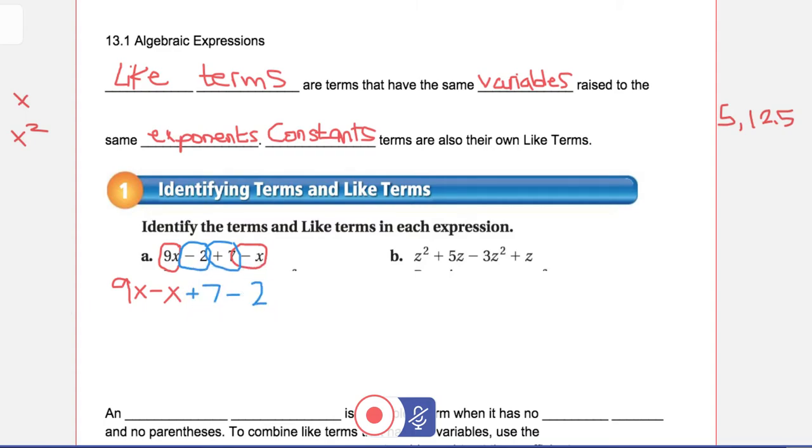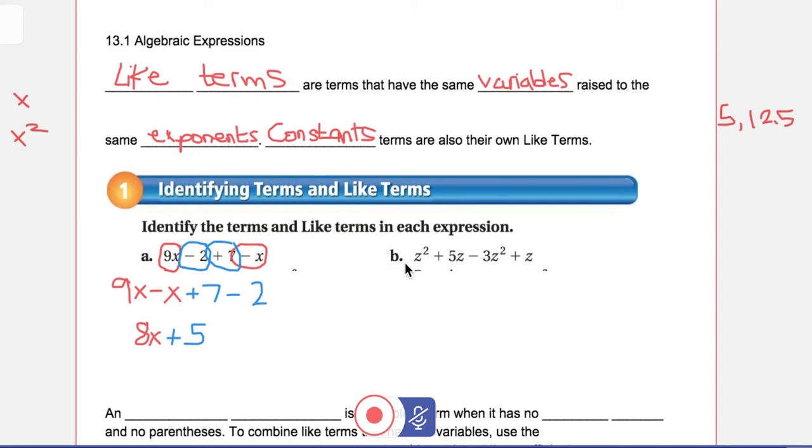Now I can simplify. If I have 9 x's and I take away 1 x, how many x's do I have? I have 8 x's. And if I have 7 wholes and I take away 2 wholes, how many wholes do I have now? 5. So that's a positive 5. Basically I just simplified this expression and I can rewrite this as 8x plus 5.